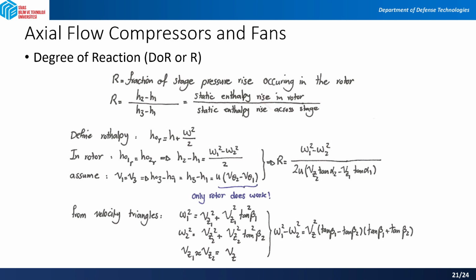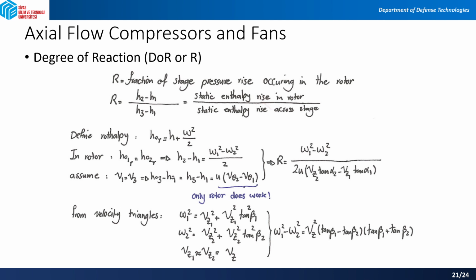And if you use the velocity triangles, you can end up with another formula in here. As I said, the way these formulas are obtained is important, but you don't need to memorize them, just the physical meaning.